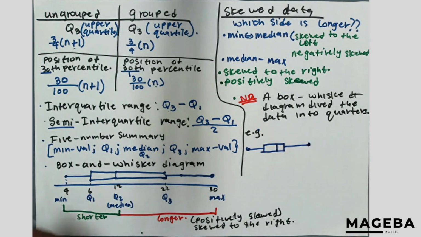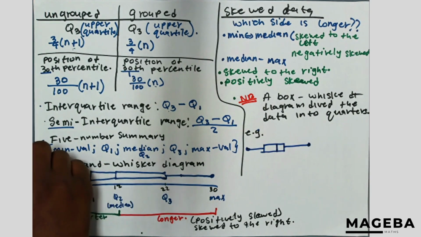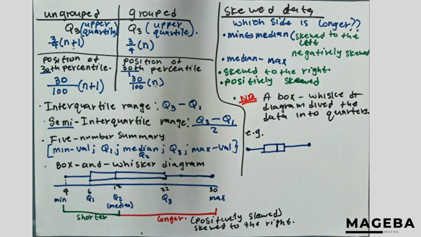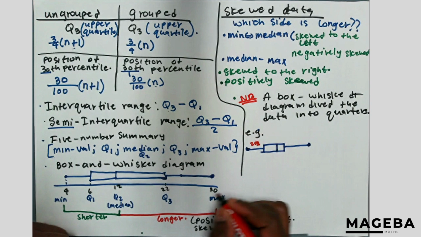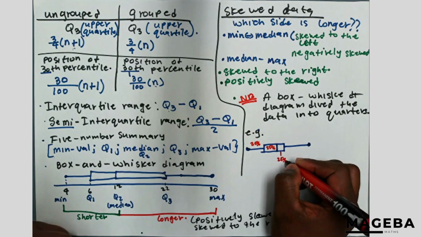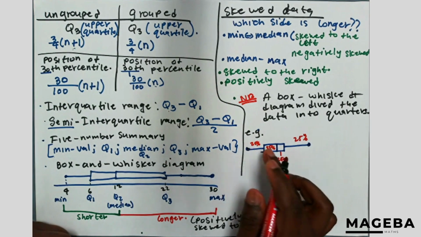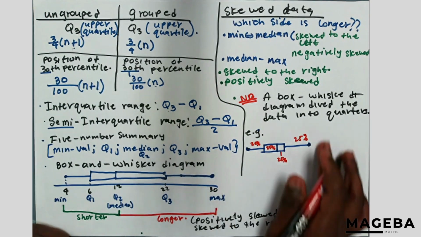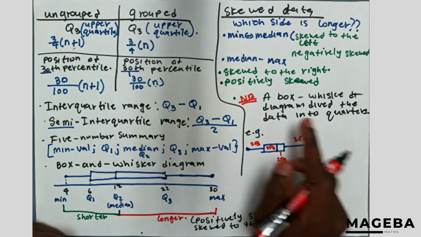It's divided into quarters. I hope you understand what quarters are. If I name it in percentages, the first quarter is 25%, and also this one is 25%, and also this one is 25%, and also this one is 25%. So it's a quarter of this box and whisker.